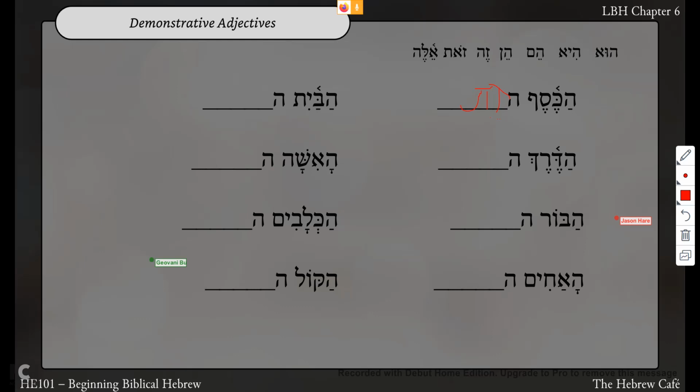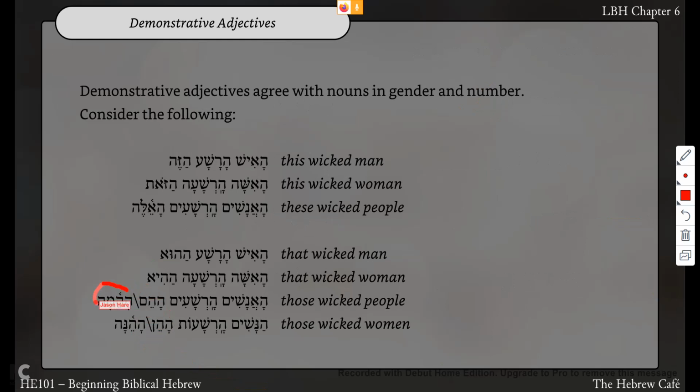Of course, you can have an ah ending on the end, like the added hey just adds an ah sound, so it's ha'achim hahemma. This is also acceptable. Ha'achim hahem or ha'achim hahemma. Okay, that's what we talked about before. Do you remember the ah was on there, right here? It can be hahem or hahema.